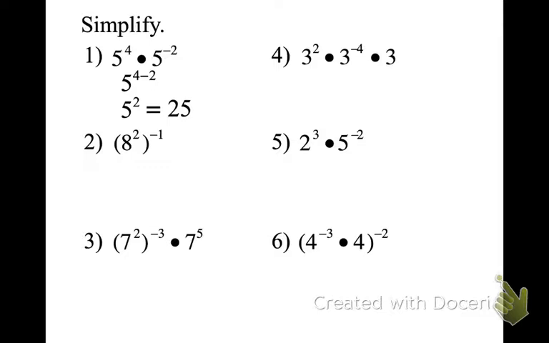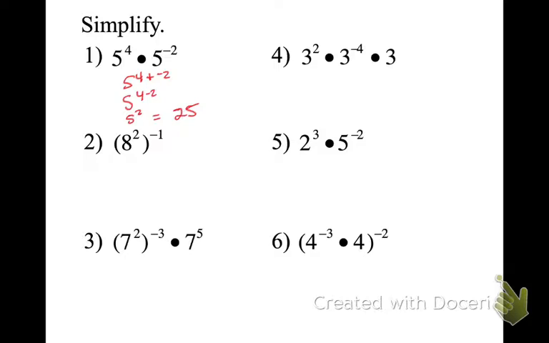Sorry, I screwed that up, because they're not outside, inside. So we just add, let me go back. So it's going to be 5 to the 4th plus negative 2. So 5 to the 4 plus negative 2 is 5 to the 4th minus 2, so it's 5 to the 2nd, which is 25. It seemed like that would be.